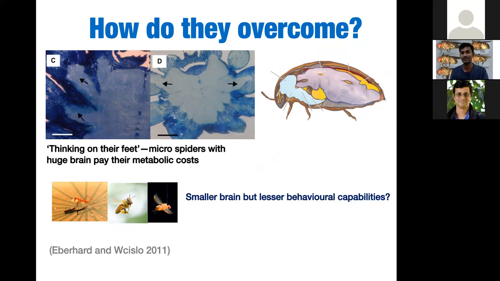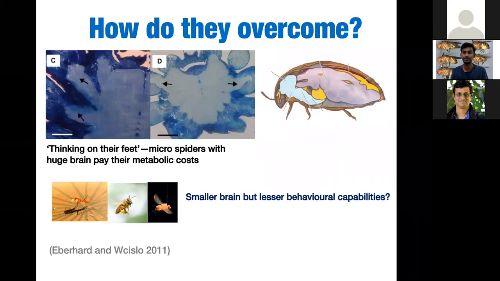As a result, they might have to push the brain into different parts of their body. There are examples of a beetle doing that, and of arachnids, some spiders, doing that as well. Because they have a relatively bigger brain relative to their body size, they would have to pay higher metabolic costs.